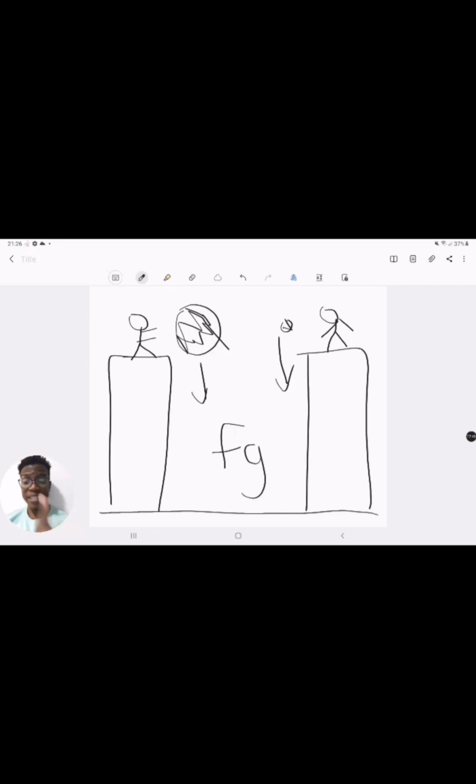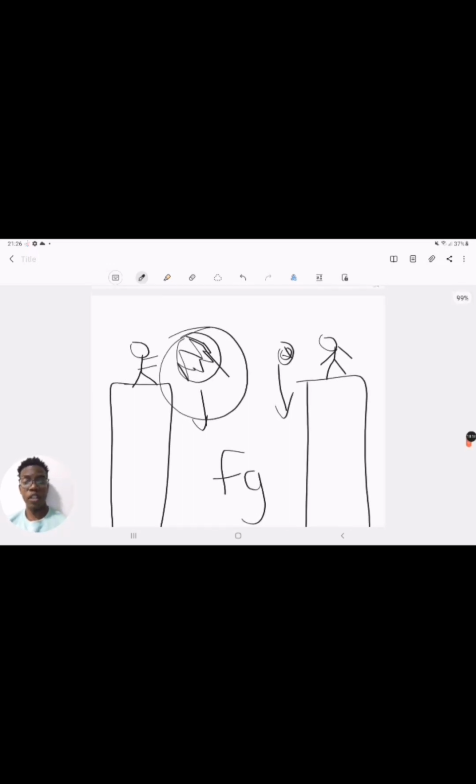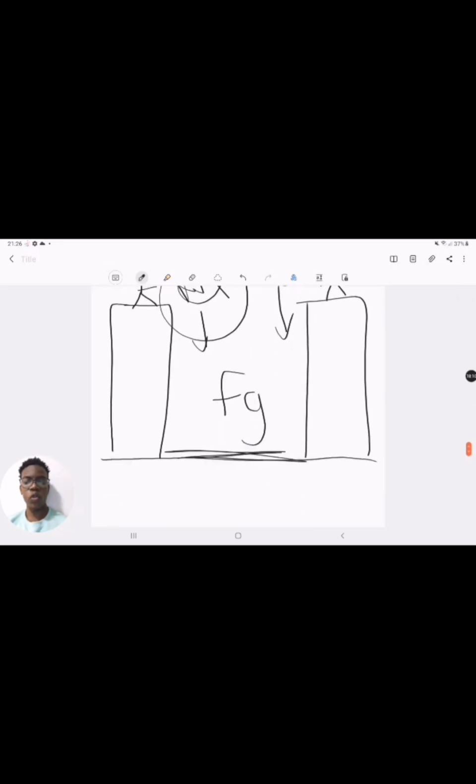Because they are experiencing the same exact force or the same exact pull from the earth's center. It doesn't matter how much they weigh. If they are experiencing the same force from the earth's center and there is no air resistance or air friction, then they will reach the ground at the exact same time. Doesn't matter if this is that big or if this is that small. Okay, so those are some of the concepts and principles that I want you to understand.